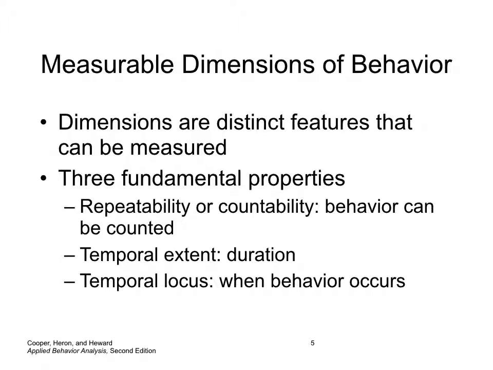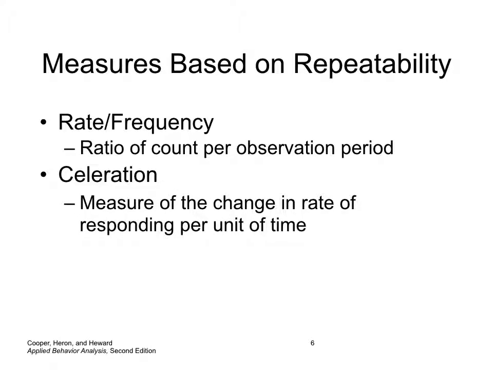So there are three dimensional qualities of behavior: repeatability, temporal extent, and temporal locus. Measures of repeatability include count, rate or frequency, and acceleration.